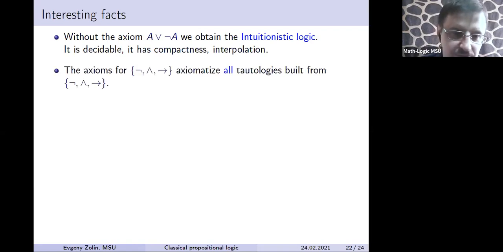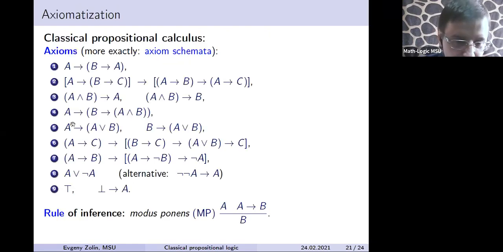What if we remove disjunction from our language? We only build formulas from negation, conjunction, and implication. How can we axiomatize all tautologies in this restricted set of connectives? The answer is simple. Just remove the axioms about disjunction, and you will again obtain a complete system.